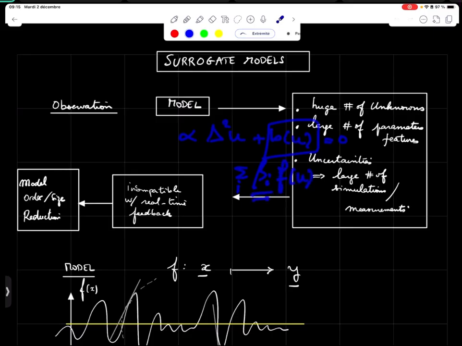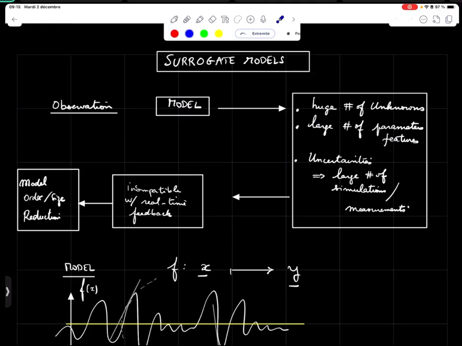These beta i's, and that's the simplest way that you can write a function of u, a linear combination, are also parameters that come from somewhere. This function f can also be parameterized. So at the end of the day, you have lots of parameters everywhere. You have these beta i's, you have these alphas, those are material parameters, for example, but you don't know what they are. And last time we talked about that as well.